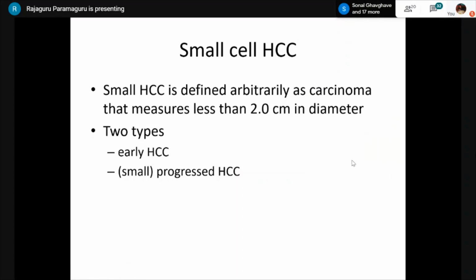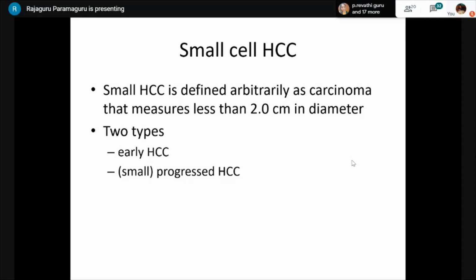And when we take a small hepatocellular carcinoma, so now after the dysplastic change, you are going to a small carcinoma which is less than 2 centimeters. And there are two types here. One is the early HCC, the next is the progressed HCC.